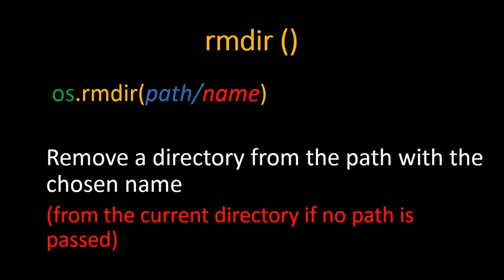And we have here rmdir, and this function does the opposite of mkdir and removes a directory from the path. You can leave it and it will remove it from the current directory. Let's try both functions.